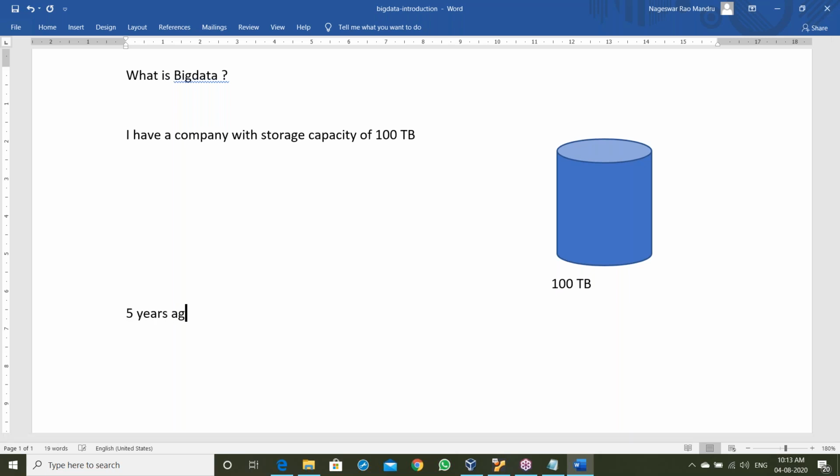Suppose the company started five years ago, in 2015. That year some transactions and some data were generated. The first year has fewer transactions and less data. The next year the business increases, because in the long run, if you provide quality service, business increases continuously.